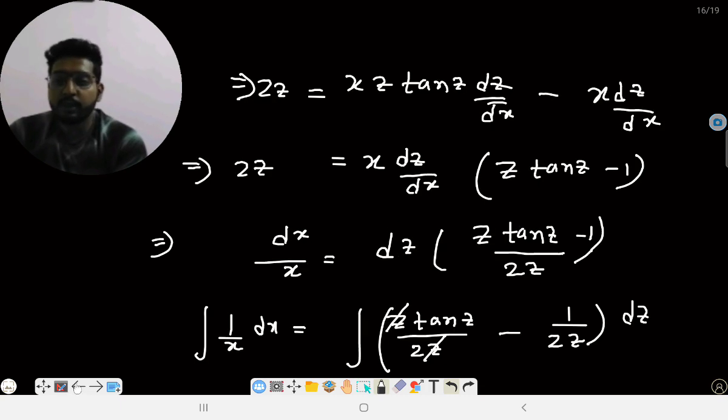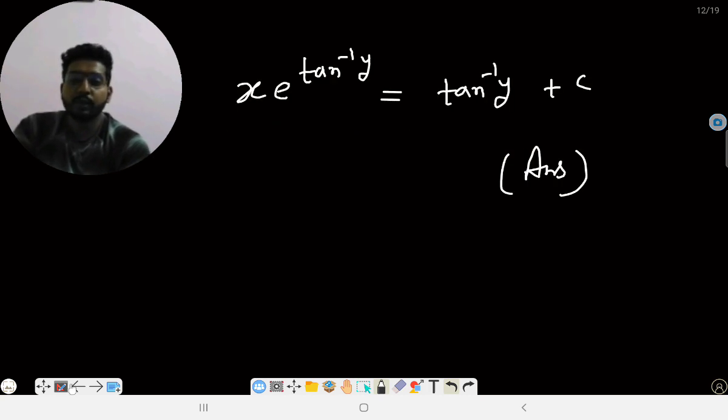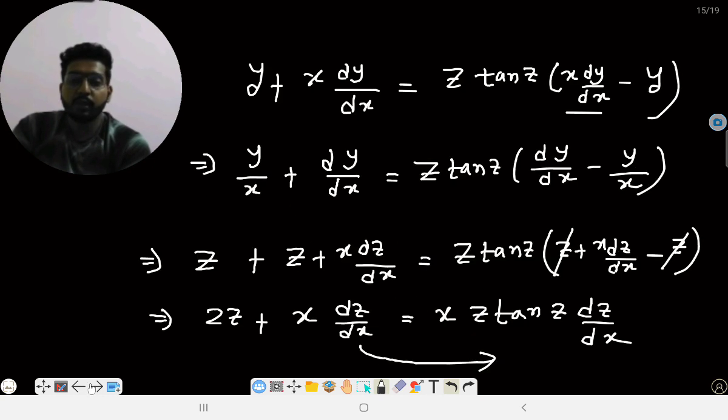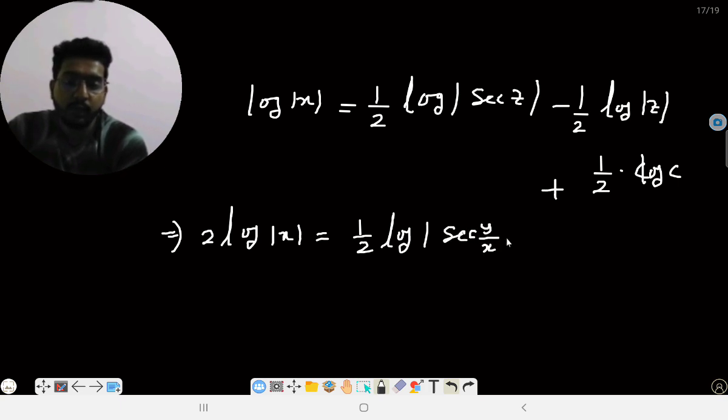Now what is my z? Here you can see we have taken z as y by x. So z equals y by x. So that means here sec y by x, like this, minus half, so half goes there, that means log sec y by x, and here it will be log mod y by x.